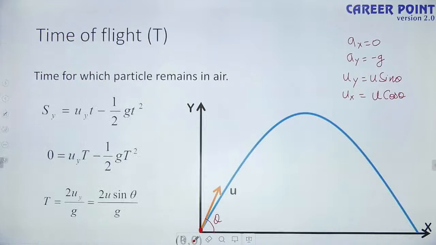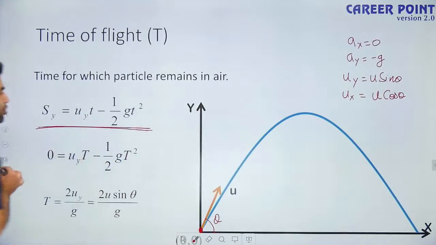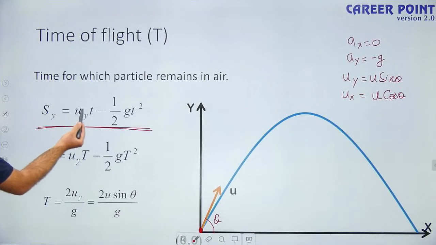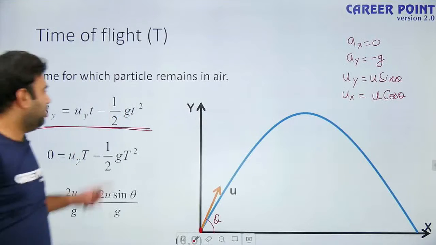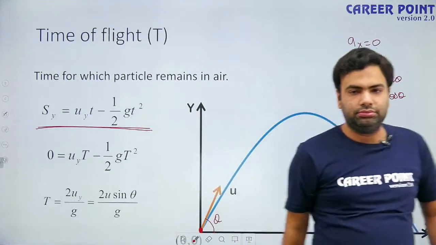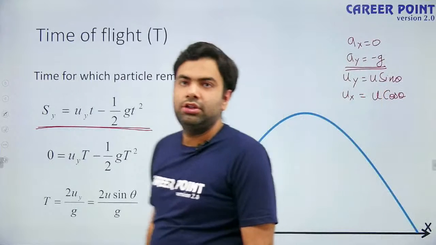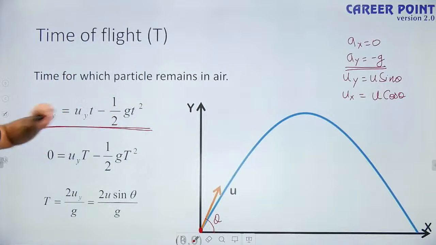So if I apply the second equation of motion in y direction, that is sy equals uy t minus half g t square. Why minus? Because acceleration in y direction is negative of g, so I am putting its value here directly.